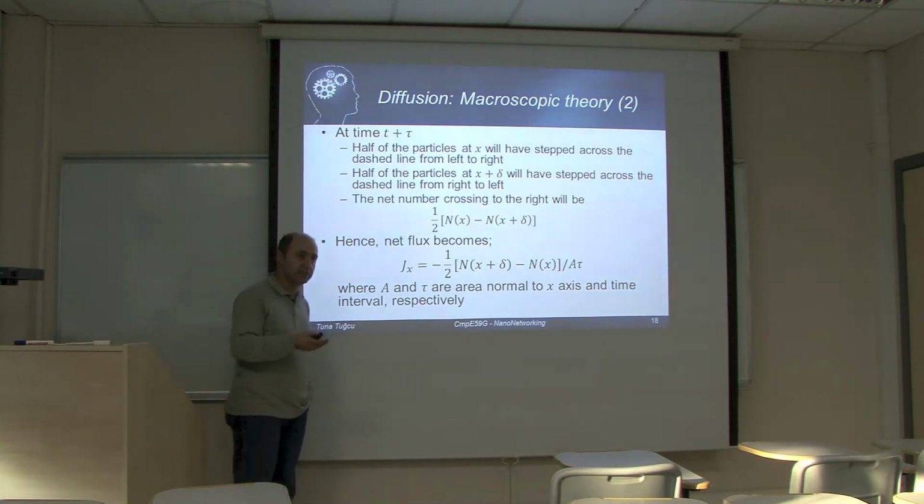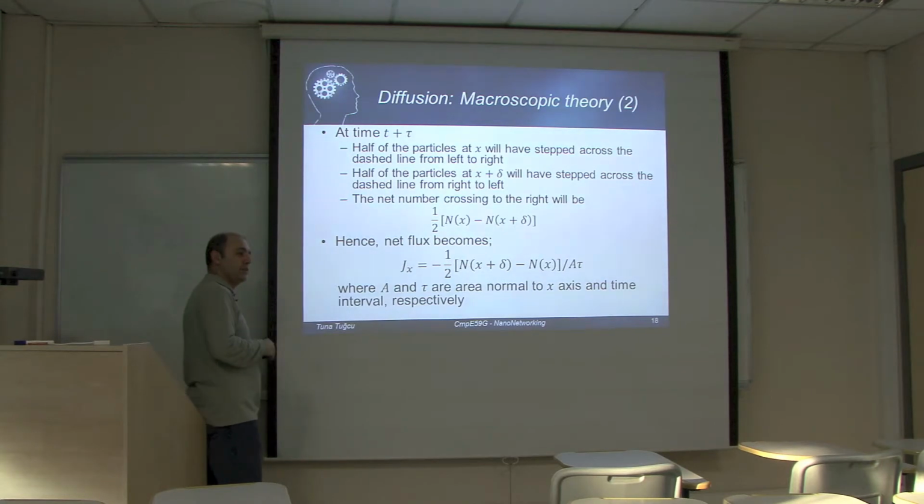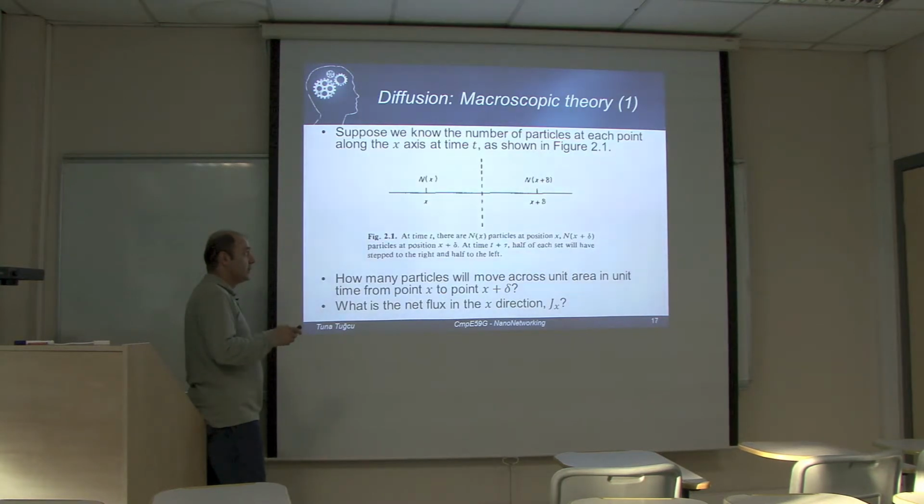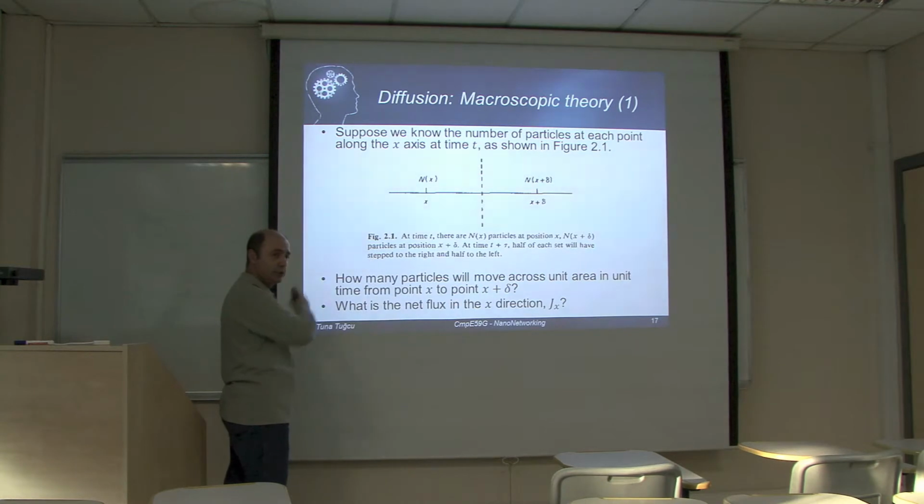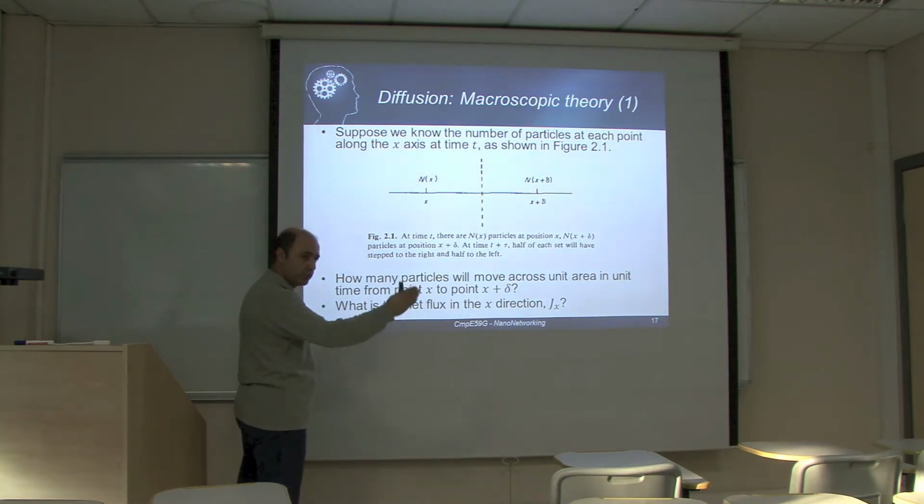Duration, not size. The time it takes to take a step. So A times tau would represent what? If you take this area and multiply it with tau, that would actually represent a volume that it would cross.